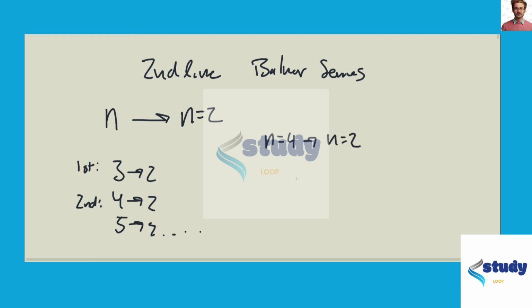How do we do this? Well, we basically just need the Rydberg formula. The Rydberg formula tells us that delta E equals, for hydrogen atoms, the Rydberg constant times 1 over n1 squared minus 1 over n2 squared.